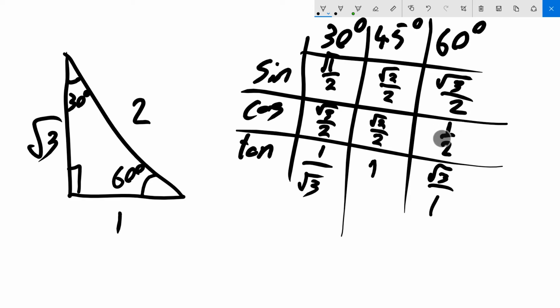You can start to see some sort of relationship between these two. For tangent, you can remember root 3 on the bottom, and root 3 on the top, and then just 1 for 45 degrees. There isn't really a nice trick for remembering the exact values like there is for sine and cosine.